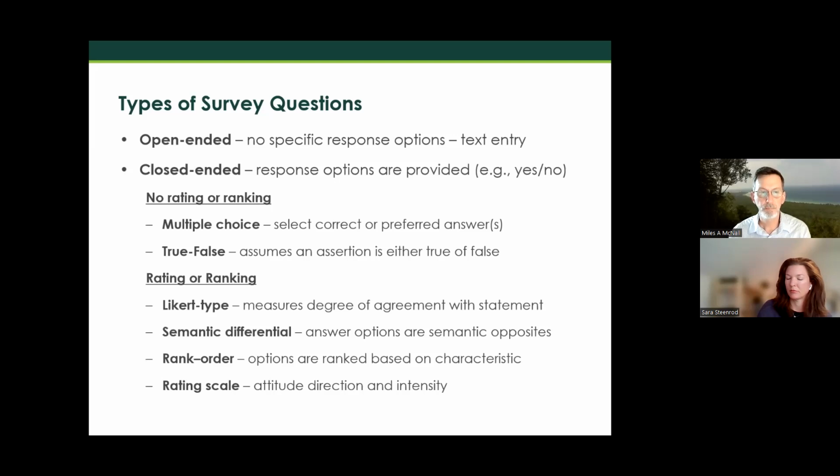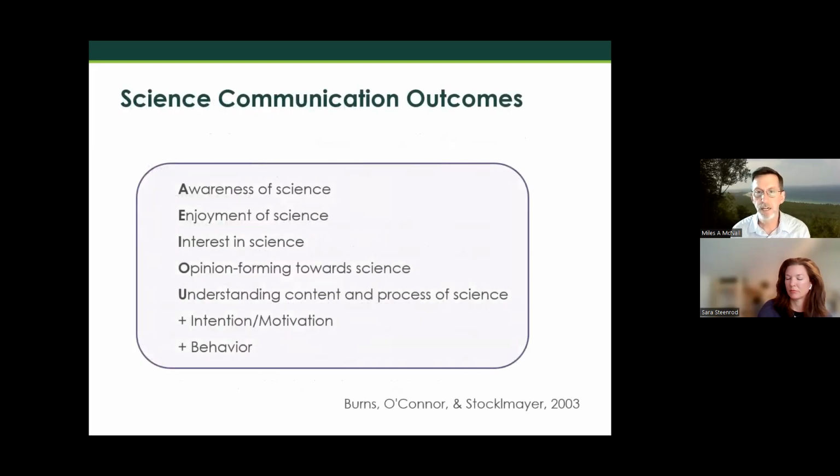So one of the things that I have found really relevant for BI outcomes is thinking about science communication outcomes, because they're really applicable to a lot of different kinds of BI activities, because almost all of them involve communicating science, right? And I love this mnemonic device that Burns, O'Connor, and Stockelmeyer came up with, using the old A-E-I-O-U mnemonic from the vowels in English.